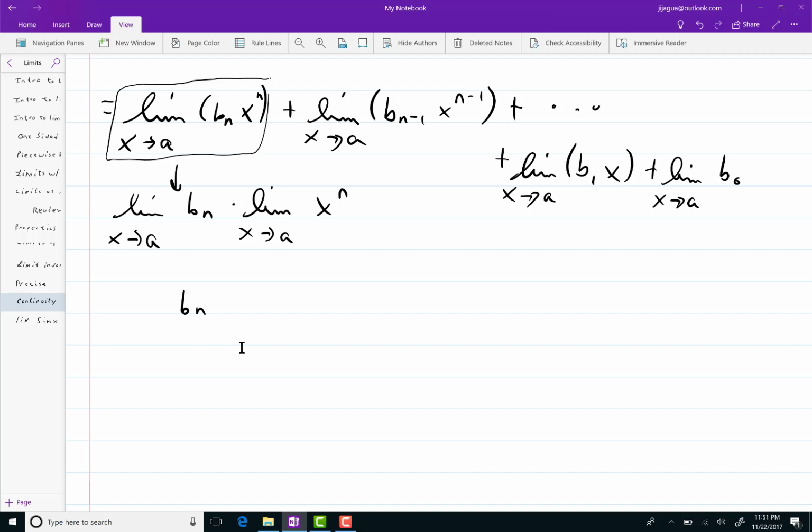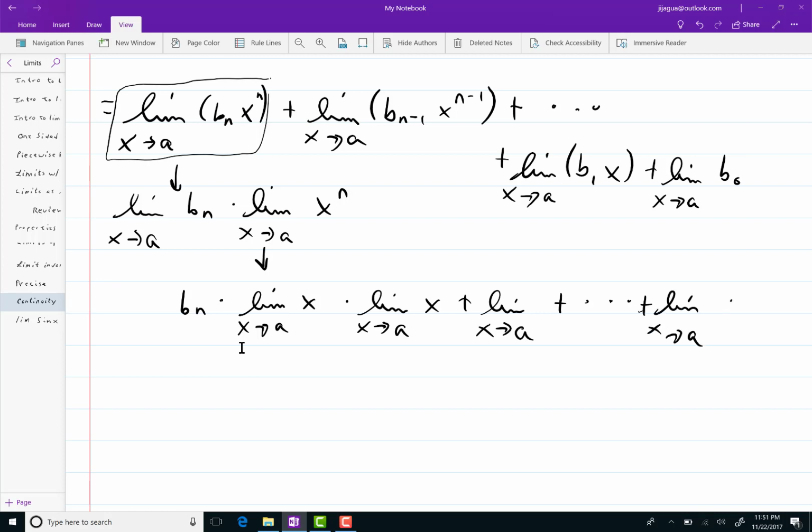Now this limit, according to the product rule, I can do this. How many times? Well, n times. That's using the product rule that I developed earlier, for a total of n times.